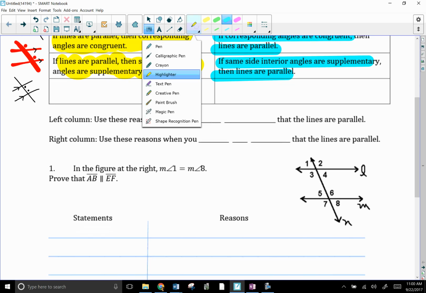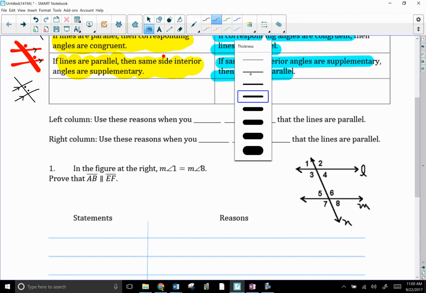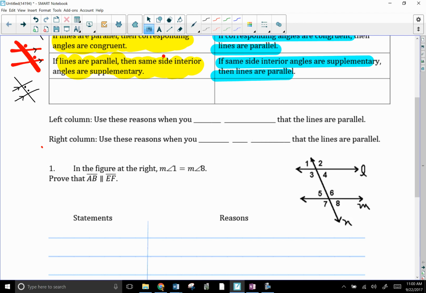Now, how does that look when it comes to a proof? If I have a proof that we ask you to justify, and we say, hey, we're telling you these lines are parallel, give us more information, that's when you're going to use the left column. The left column are reasons that you use when you are given that the lines are parallel.